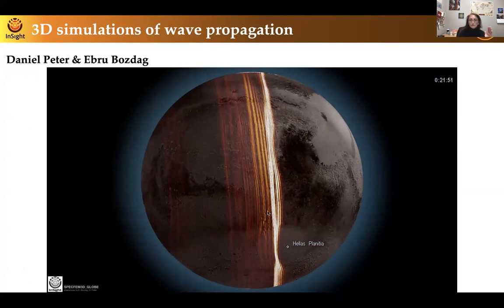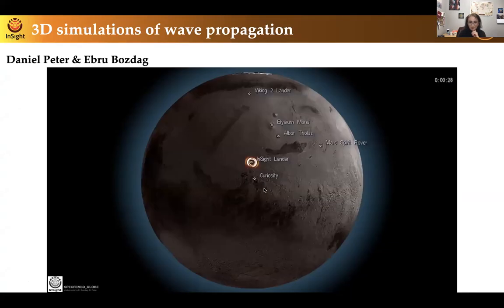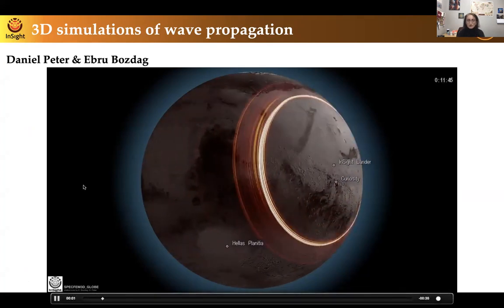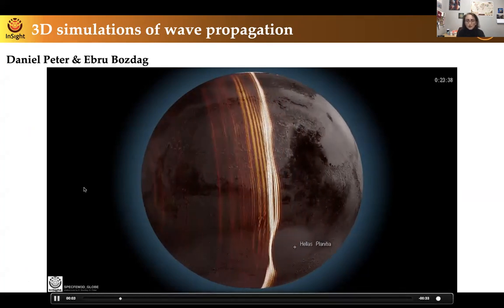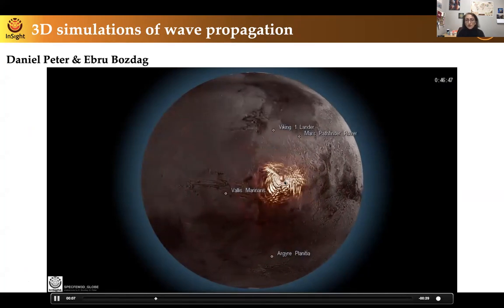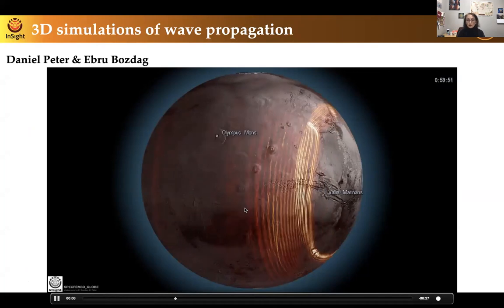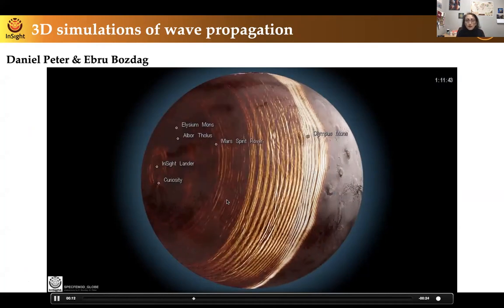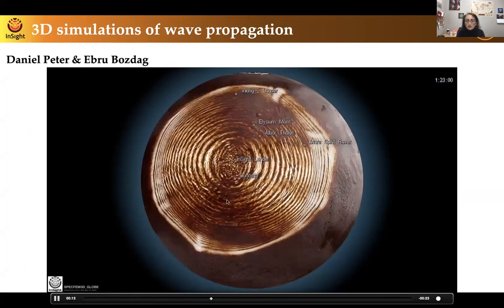Whereas you see all the distortions along the wavefronts just coming from the crustal thickness. I will just let you see the full movie. And here you see the antipode, and then you start observing the propagation of the multi-orbit seismic waves.